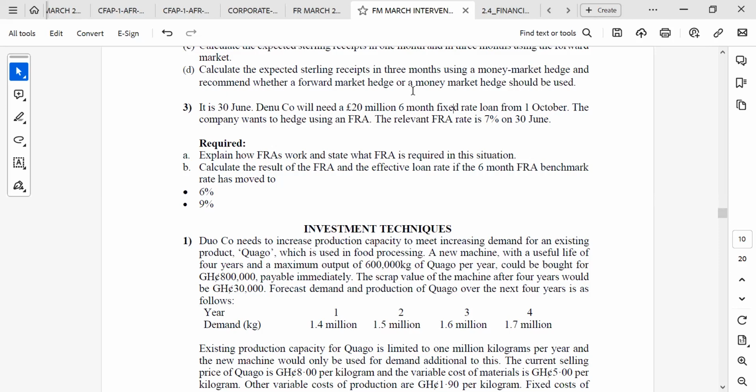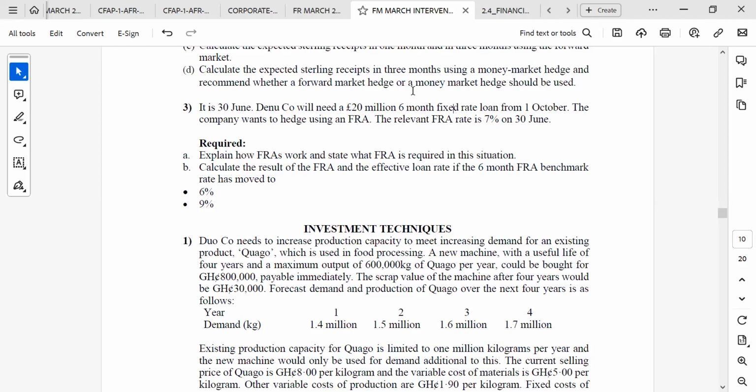Required: A. Explain how FRAs work and state what FRA is required in this situation. B. Calculate the result of the FRA and the effective loan rate if the 6 months benchmark rate has moved to 6% and 9% respectively.